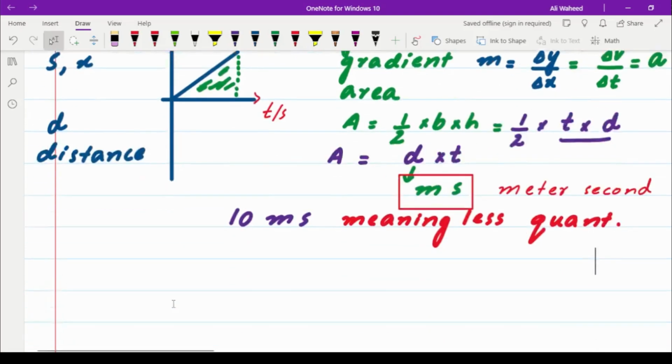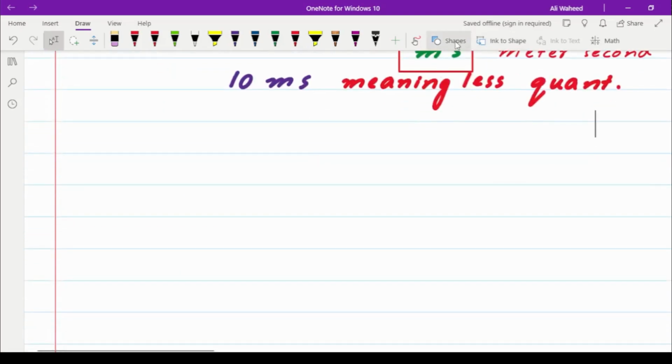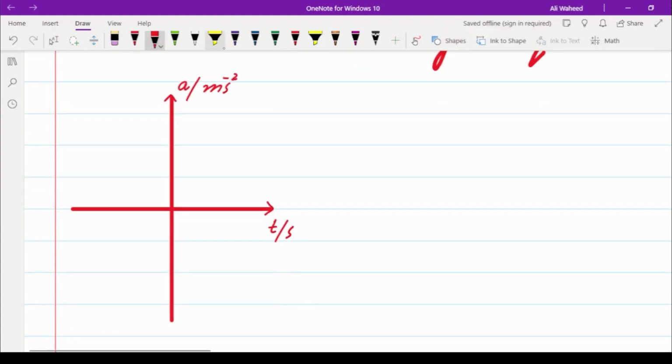Now let me give you another example, a very important example. And they ask you the same question. They ask you to find the area, and let's say the shape of the graph is, in this case, let's try to draw a horizontal line. Okay?